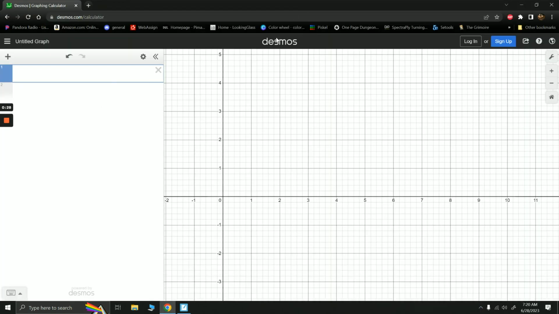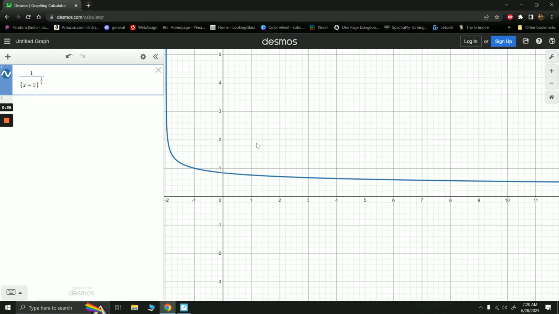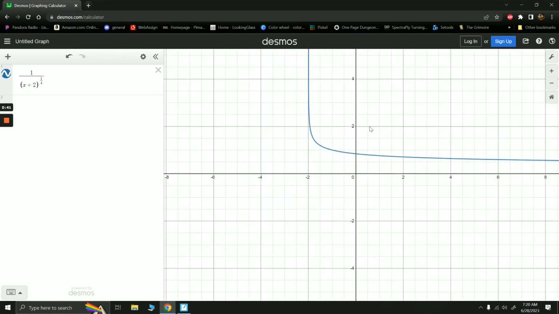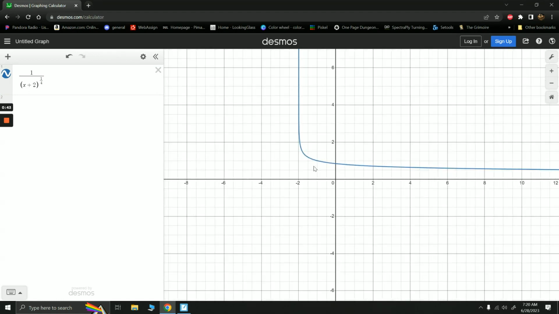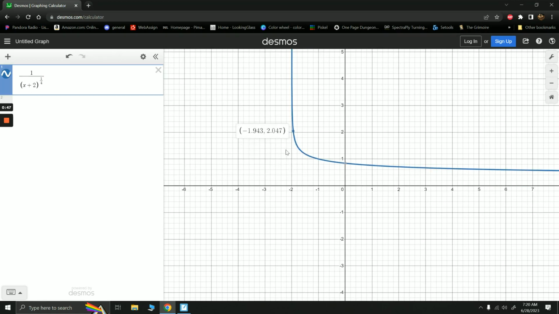So let me hide that. We have 1 over (x plus 2) to the 1/4. Okay, so as mentioned, here we have some issue at negative 2. And notice our function doesn't even exist past this negative 2.